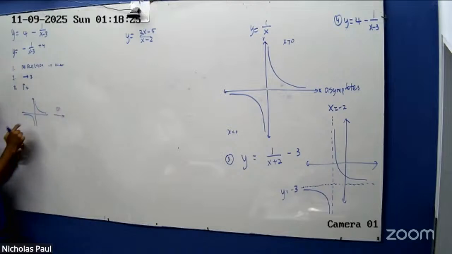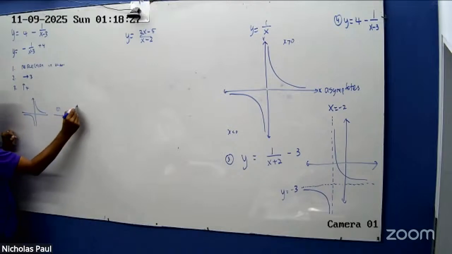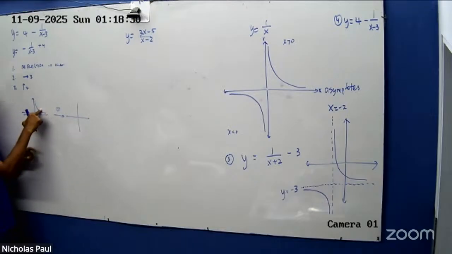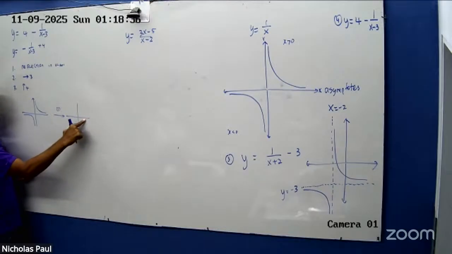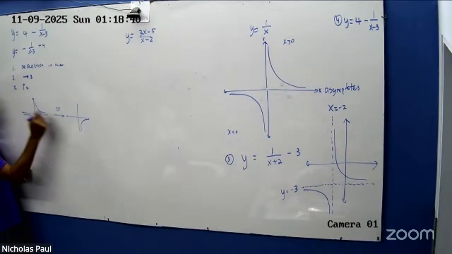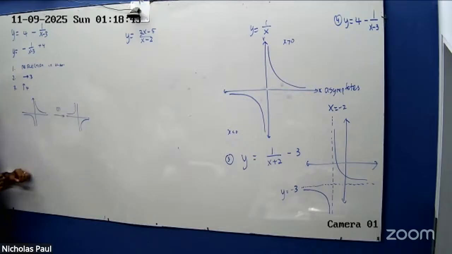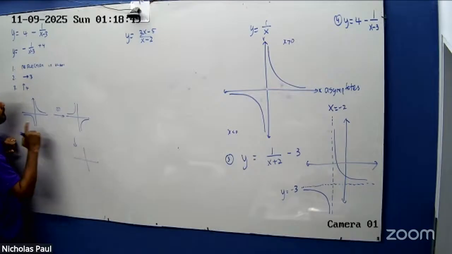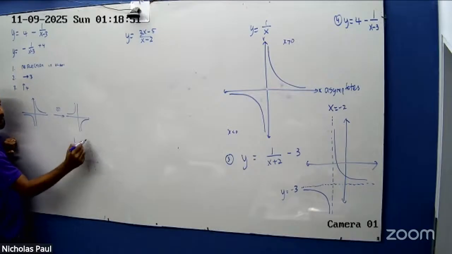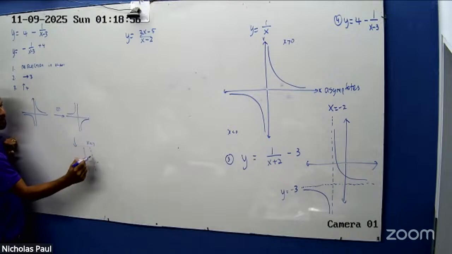First one, we're going to reflect in the x-axis. So if I reflect in the x-axis, here will come here, and then here will come here. Then we shift to the right 3, so that will be x is equal to 3.